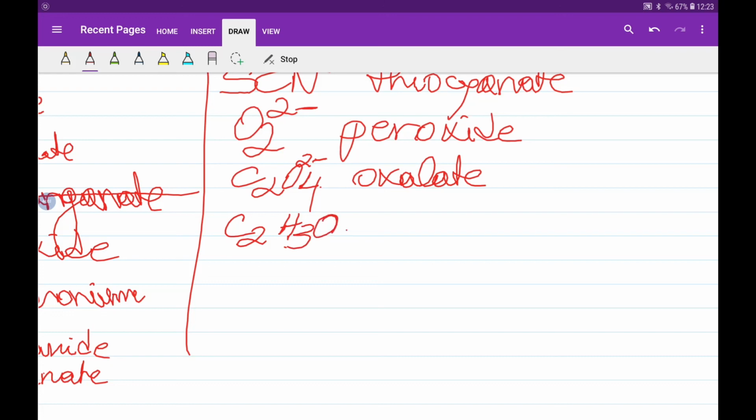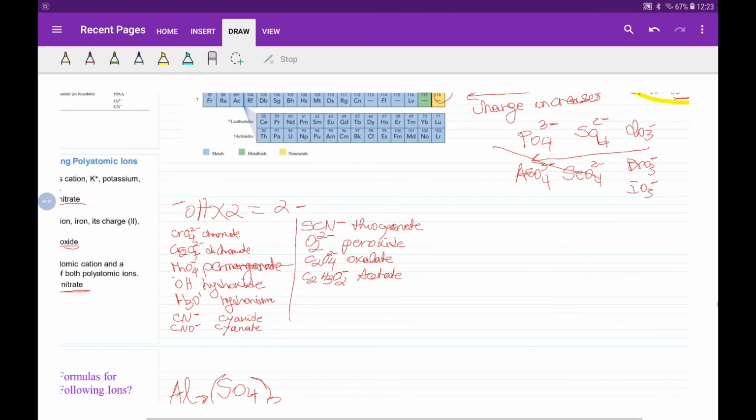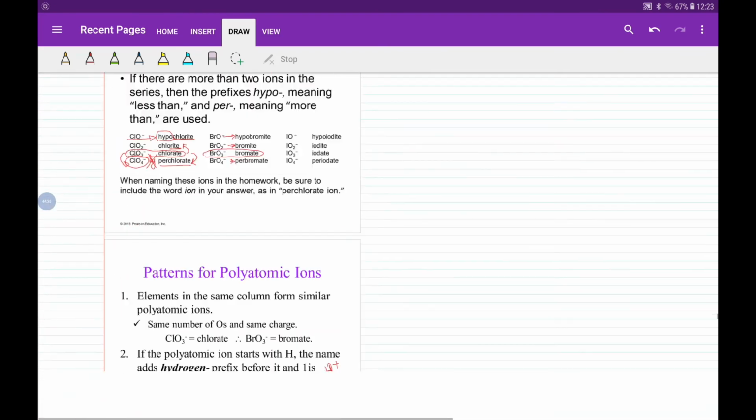C2H3O2 minus, acetate. And there are some more. They're all listed on Canvas, so please go back there and look at all of them.